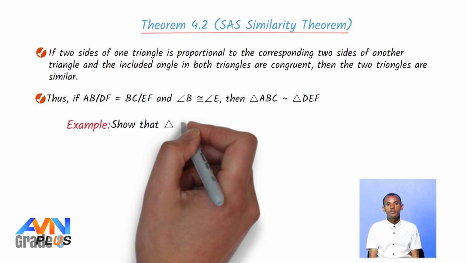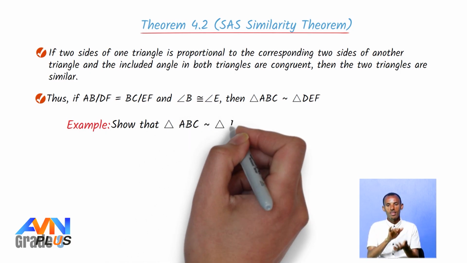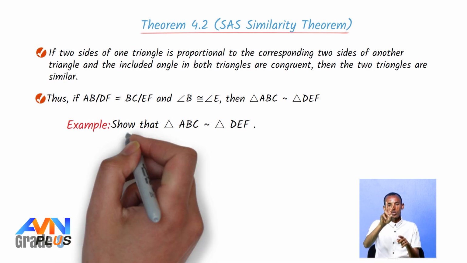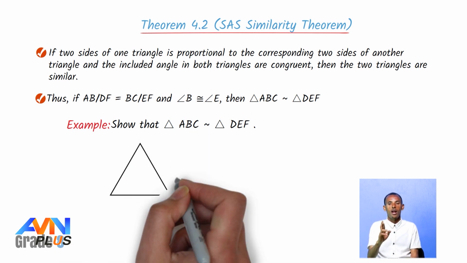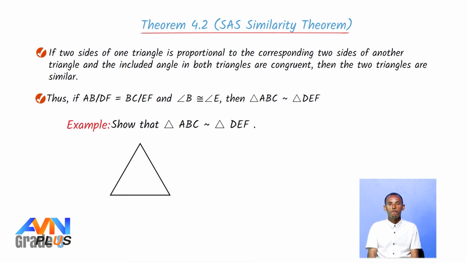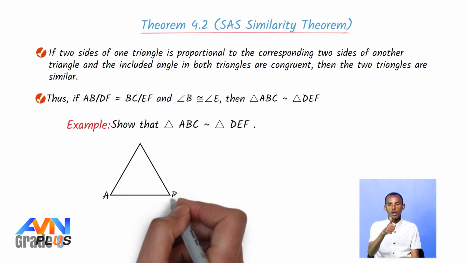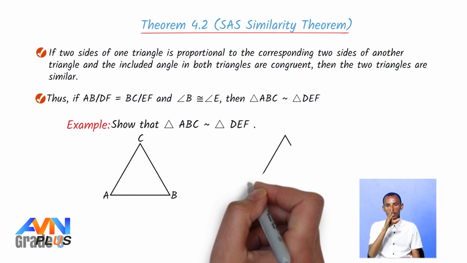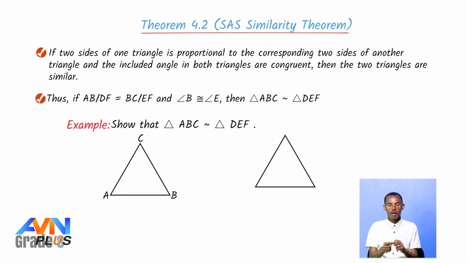Show that triangle ABC is similar to triangle DEF, where the two triangles are, say, ABC, and say the other triangle is DEF.